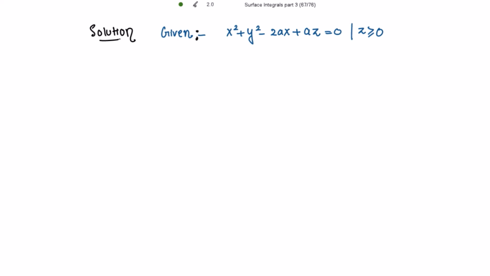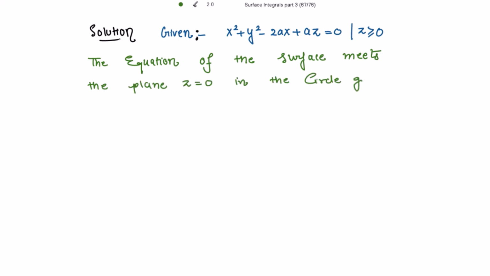So this is the surface given to us with z greater than or equal to 0, and we get the equation of the circle by putting z equal to 0 in this surface. So the surface meets the plane z equal to 0 in the circle given by, just put z equal to 0 over here, x square plus y square minus 2ax equal to 0.